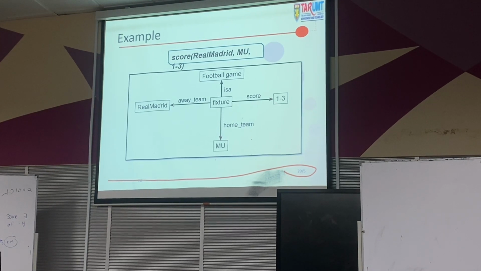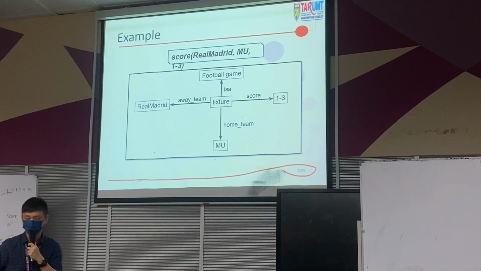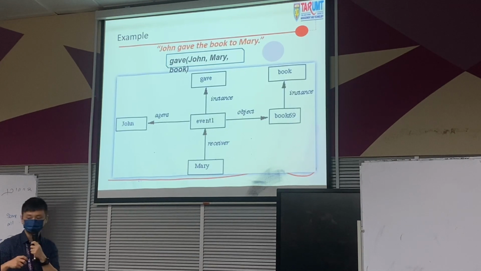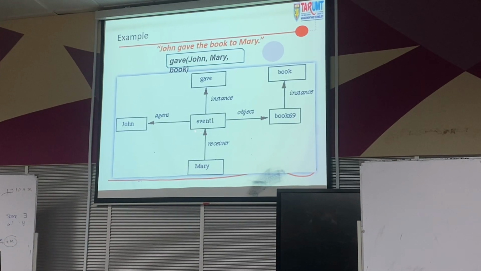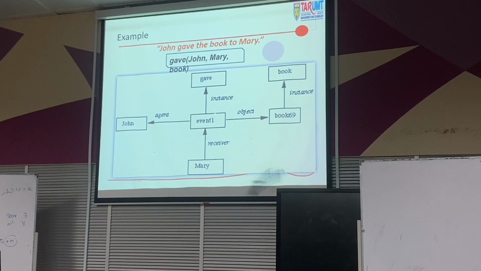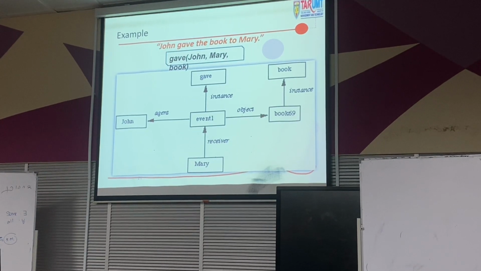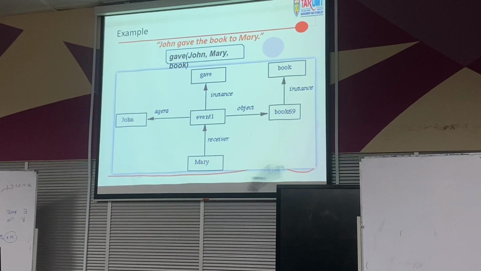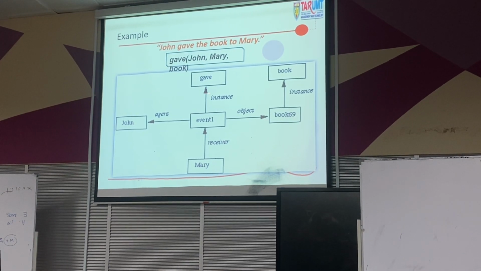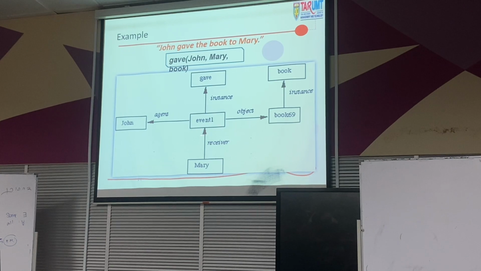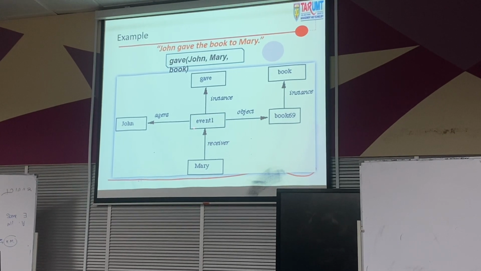If you cannot think of a keyword to join these predicates, then you can just use the term event. Event is just one of the examples. For example, in this case, John gave the book to Mary. So we have John, a book, and Mary, three predicates. So this event is about give here. So we can just pick one keyword called event. So what is this event?